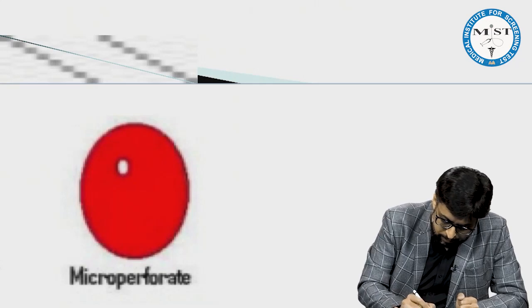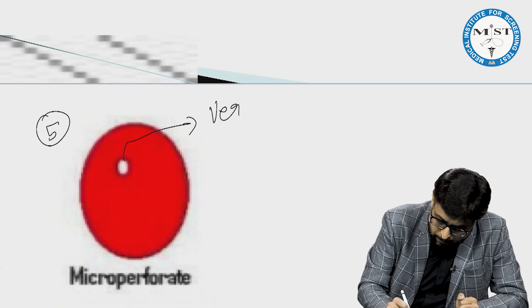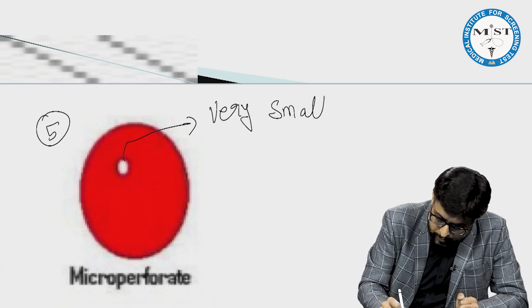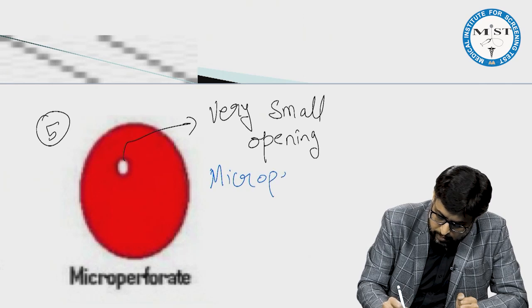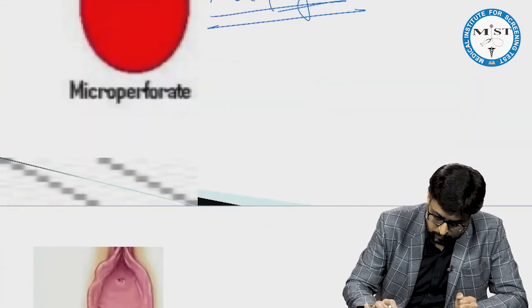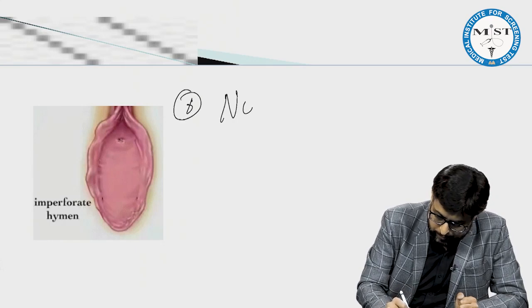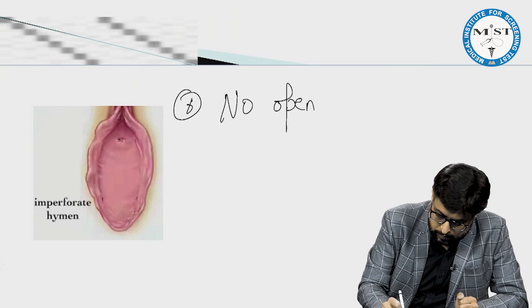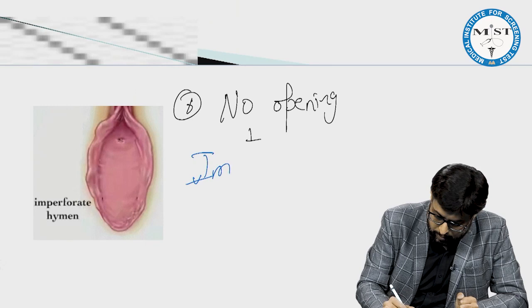Now, number 5, if you can see here, very small opening. This is called microperforate hymen. Then imperforate hymen, no opening at all. This is called imperforate hymen.